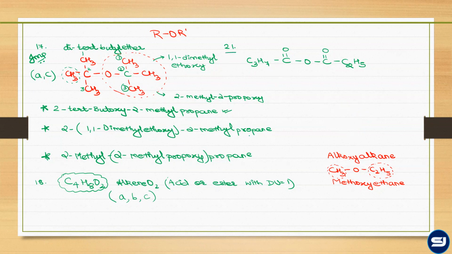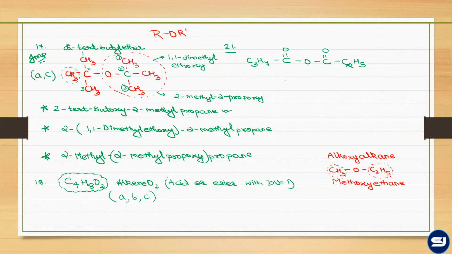Okay. 21st. What is true regarding the compound shown below? Option A, it may be butanoic propanoic anhydride. Now in acid anhydride, if the two alkyl groups are same, then we just write alkanoic anhydride with respect to the number of carbon in one of the carbonyl chain.